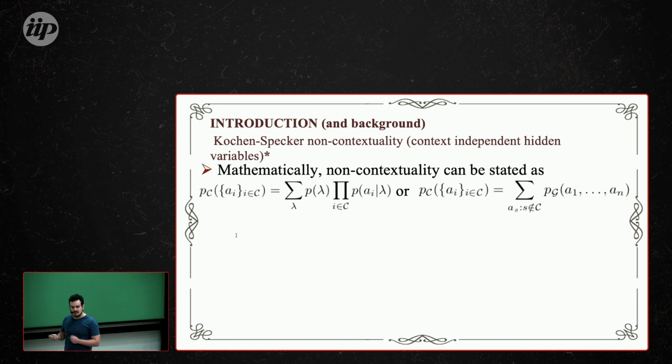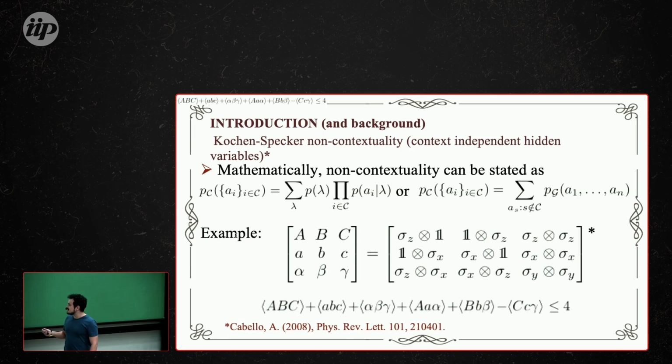A nice example in quantum mechanics is this square, sometimes called the magic square or Mermin square. We have this matrix of operators, and each row has a set of commuting, or compatible, operators, and each column also has a set of compatible operators, but globally they are not compatible.